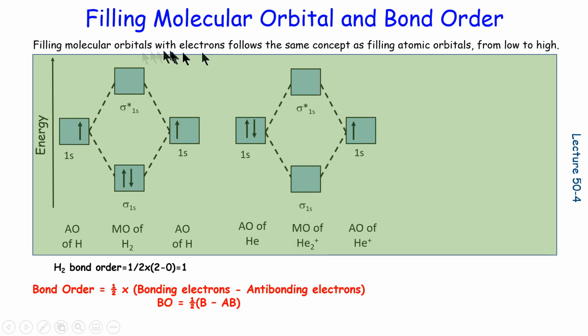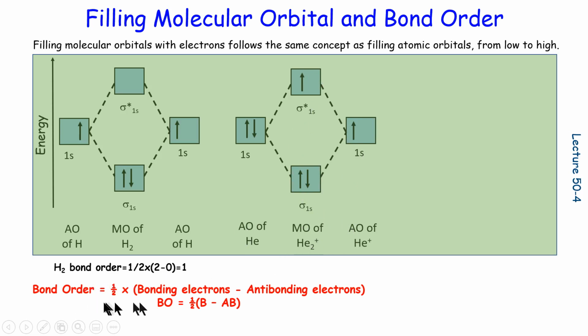Now we'll do the same thing, feeding the electrons into these molecular orbitals. Each orbital can accommodate a maximum of 2 electrons, 1, 2, and then the third one goes there. A total of 3 electrons in atomic orbitals, and then 3 electrons in molecular orbitals.